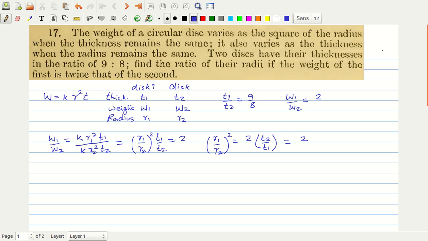So, it is 2 times 8 by 9. Therefore, we get R1 by R2 is equal to square root of 8 times 2 is 16 by 9, and therefore, we get 4 by 3.